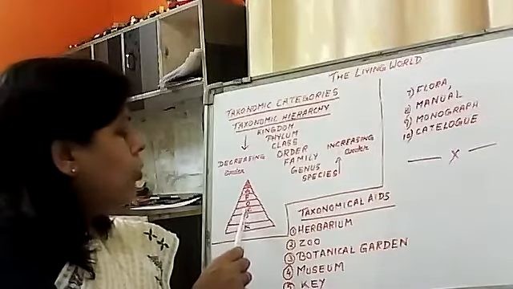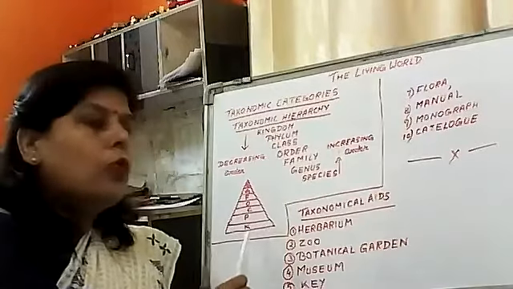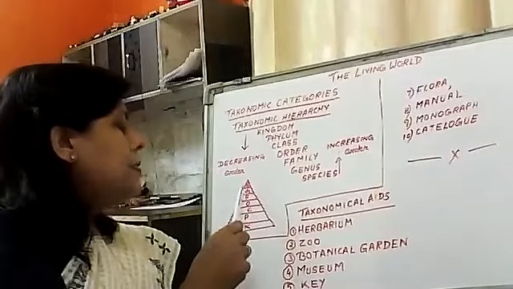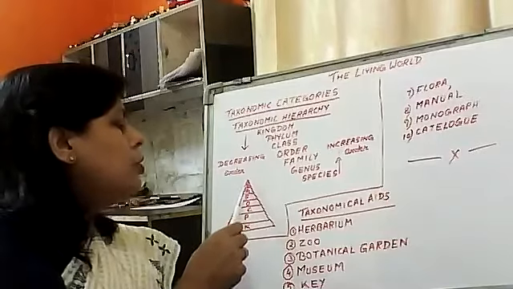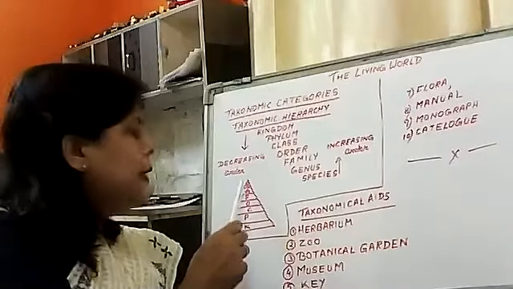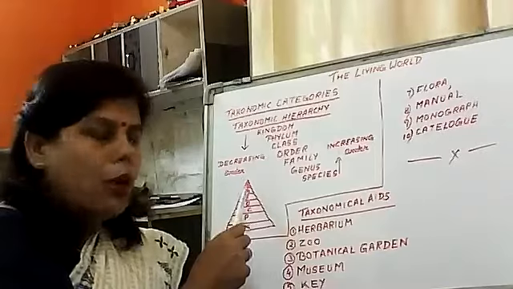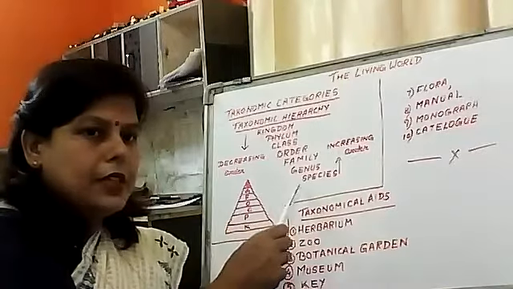Like that, one bigger group was divided and ultimately they have come to the top level, which is almost the smallest. Further, this particular group can't be divided. That is the species level.